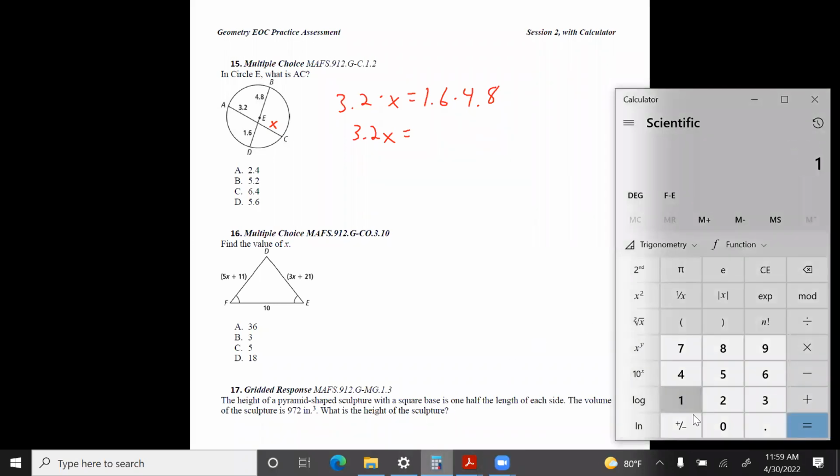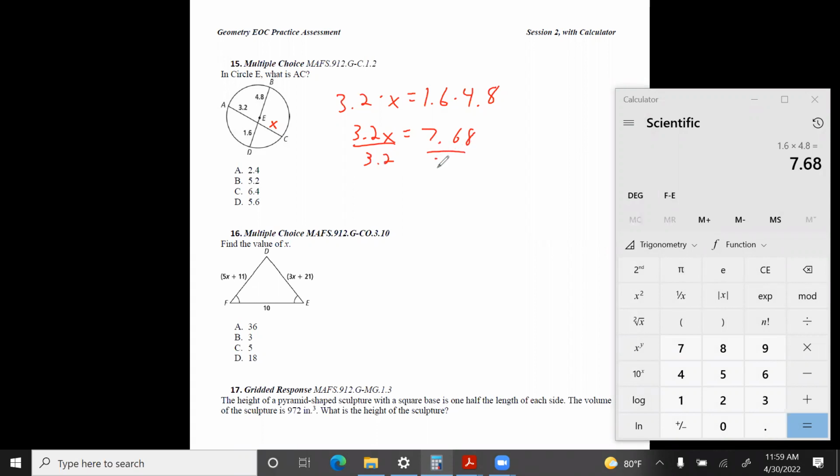We have 1.6 times 4.8. That gives me a total of 7.68. And then divide off 3.2. Divide 3.2.